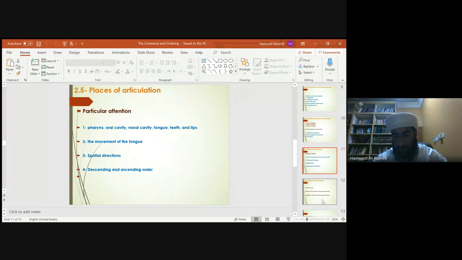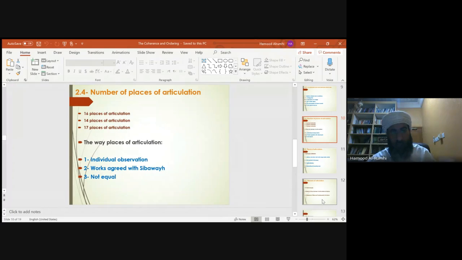It can be deduced that the methodology of the classical Arabic grammatical treatises can be summarized in this point. These treatises relied upon individual observation.